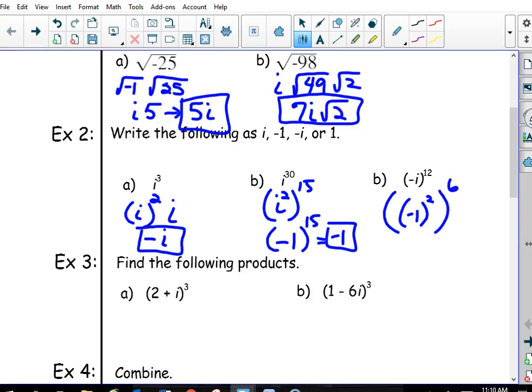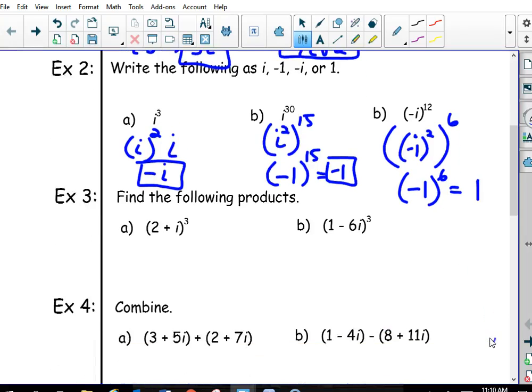Okay, -i squared, that's negative times a negative is a positive. i squared is a -1, so this gives me a -1 to the 6th power, and a -1 to the 6th power is just a positive 1. Weird little problems, but they do have several of them in the quiz.